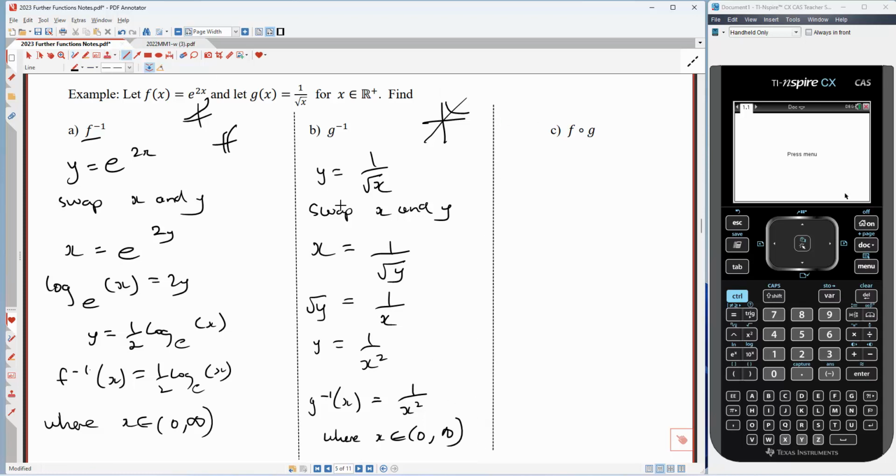f of g of x. All right, so we're going to do f of, now g is this function here, which is 1 over root x.